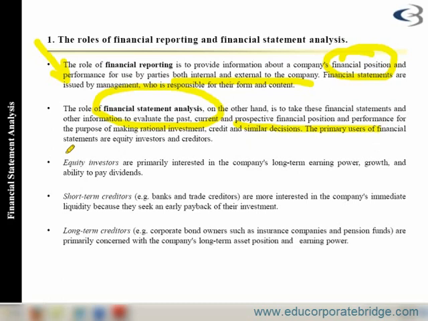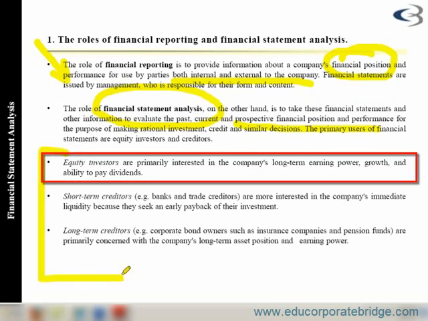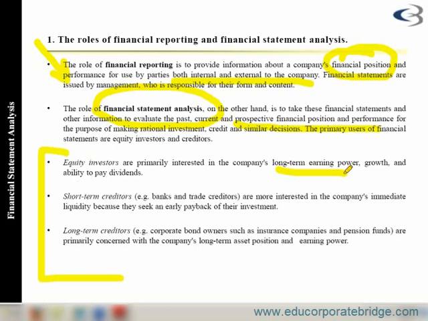So who are the users of financial statements? Equity investors are primarily interested in companies' long-term earning power. Definitely, if they've invested money, they would want to understand how the company is growing over a period of time, what the growth rate is, and whether they would be able to get their money back, which is repaid in the form of dividends.